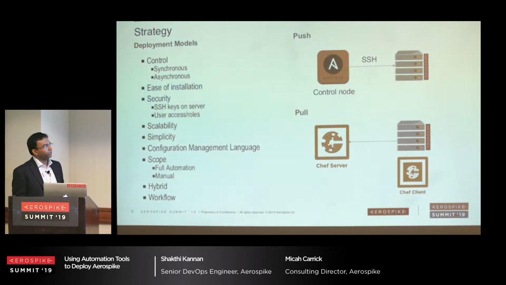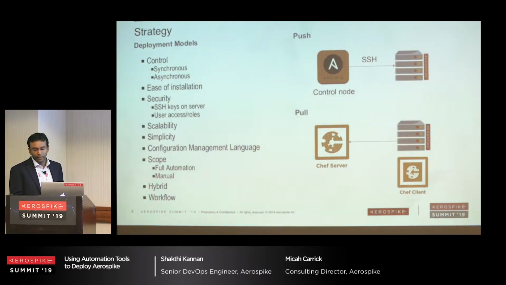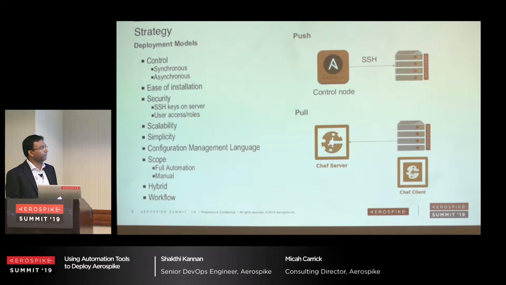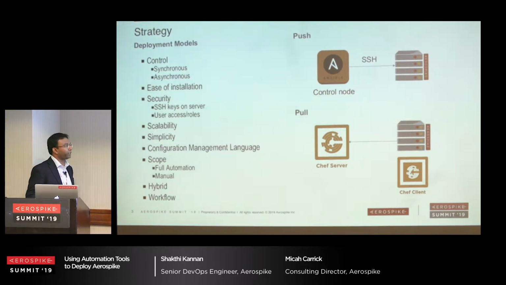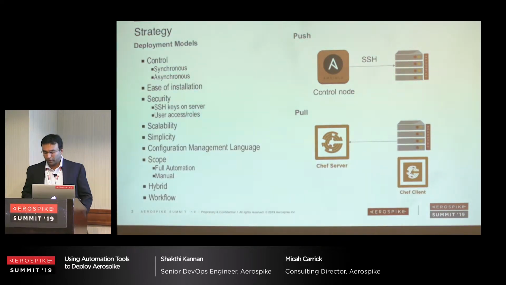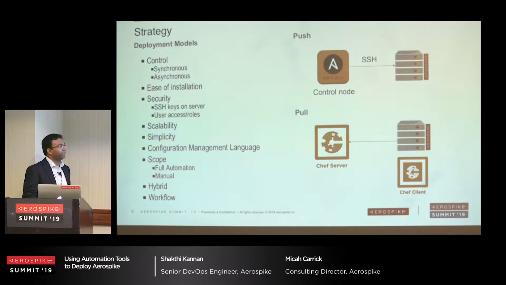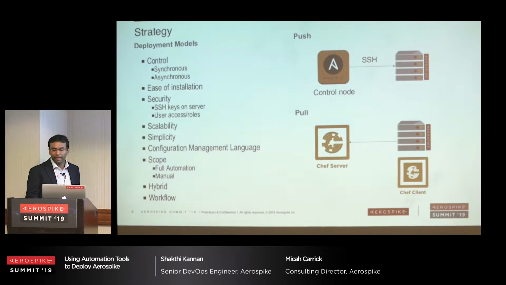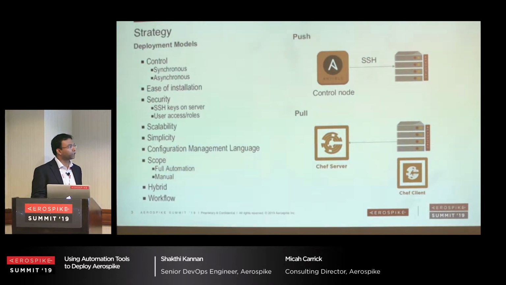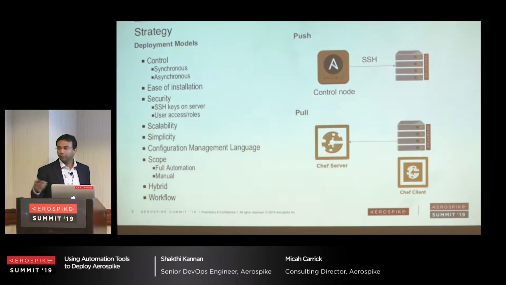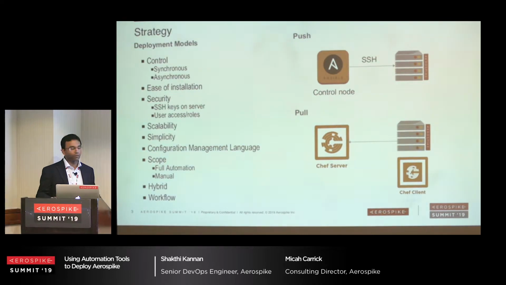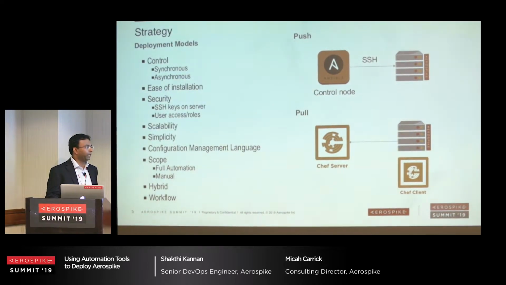Now, the choice of tools depends on a lot of factors: the ease of installation that it provides, the kind of security that you want, the number of clusters that you have, how much you want to scale, the simplicity, do you need to learn a specific language in order to describe your infrastructure, the scope of your automation. Do you want to have a full-fledged automation system or do you want to keep something manual?